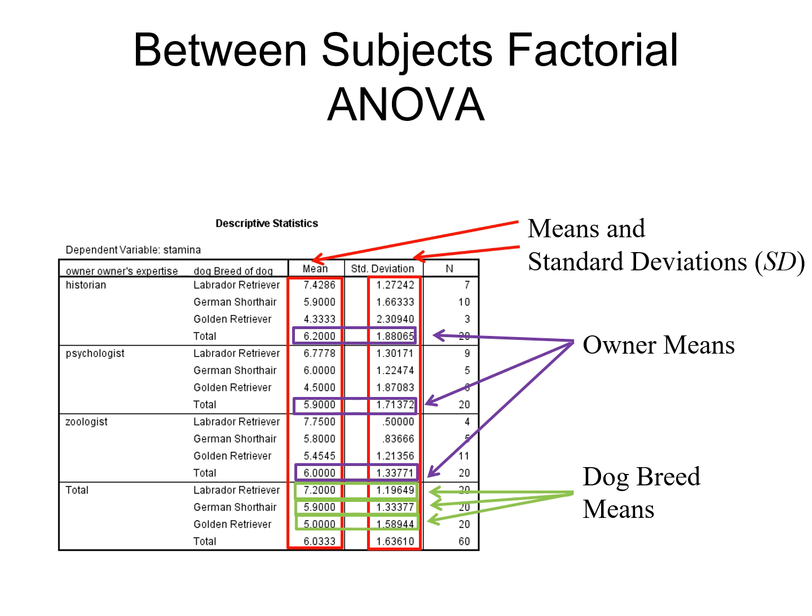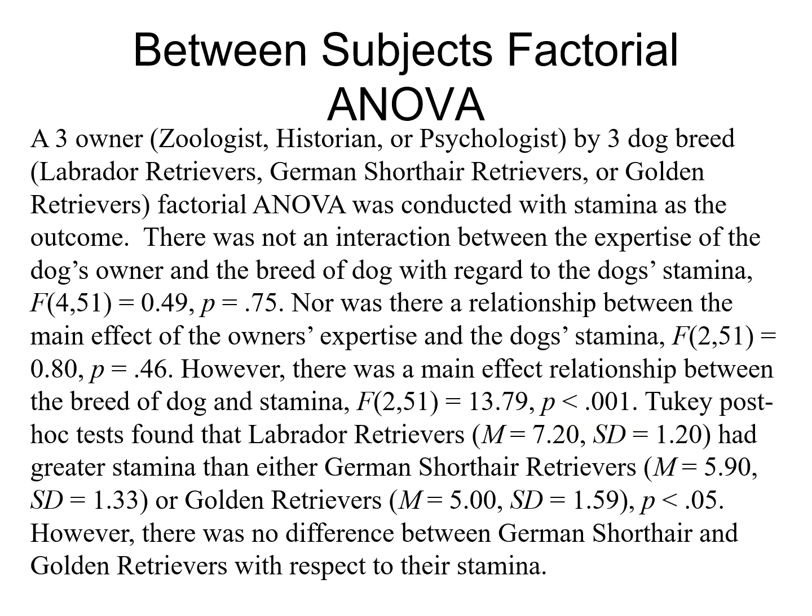We also have the actual dog mean total. So this is our separate set of main effects. Again, we have the average mean of Labrador Retrievers regardless of owner, German Shorthairs regardless of owners, and Golden Retrievers regardless of owners. So we have all this information provided in this particular table.